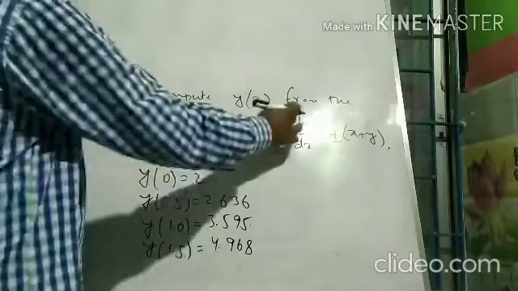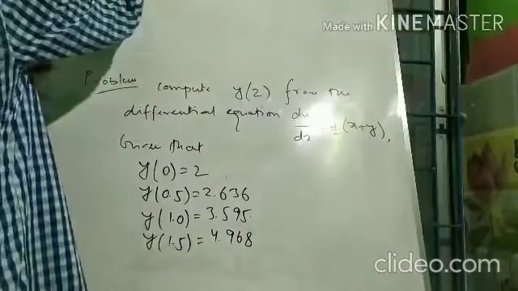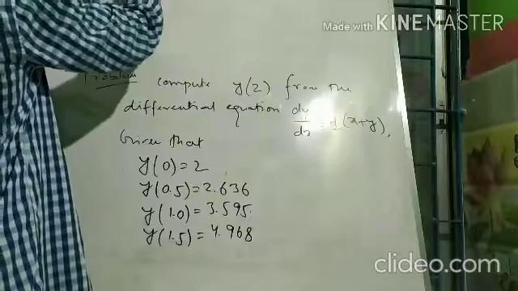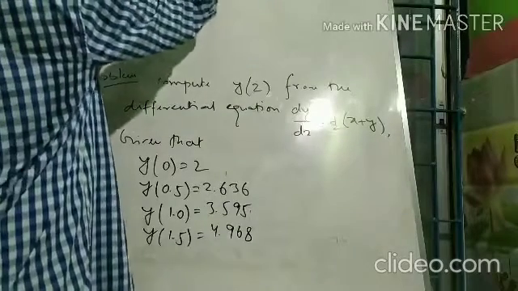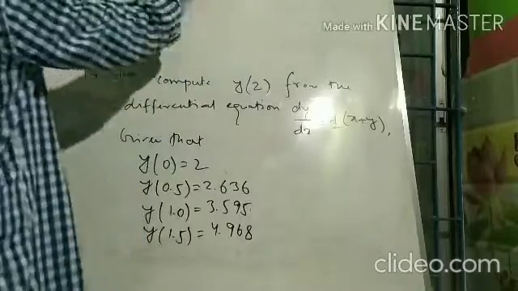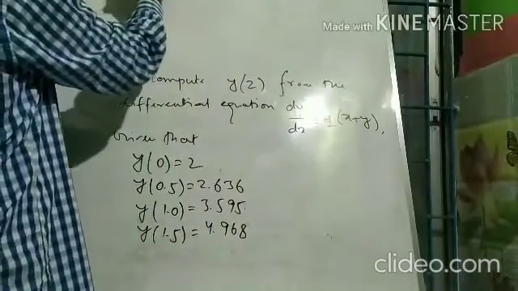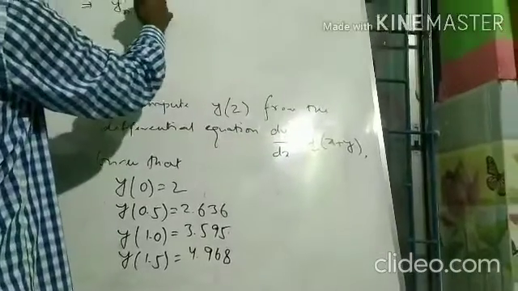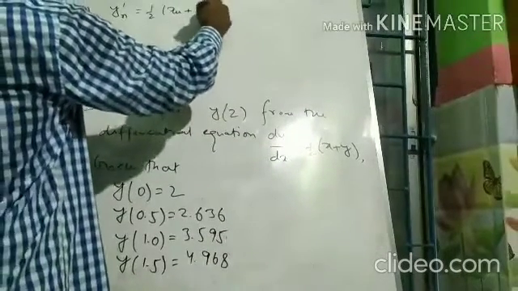Given that dy/dx, that is y dashed, equals half (x plus y). This is the differential equation. So you can write yn prime equals half (xn plus yn).